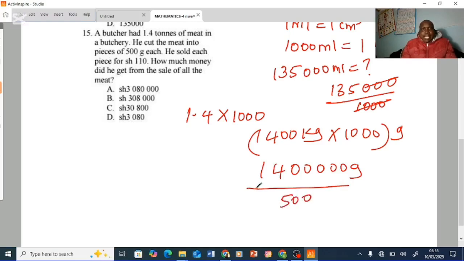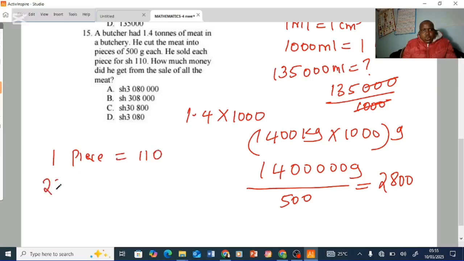So how many pieces will you have? You divide by that, you will have 2,800 pieces. So one piece is equal to 110.